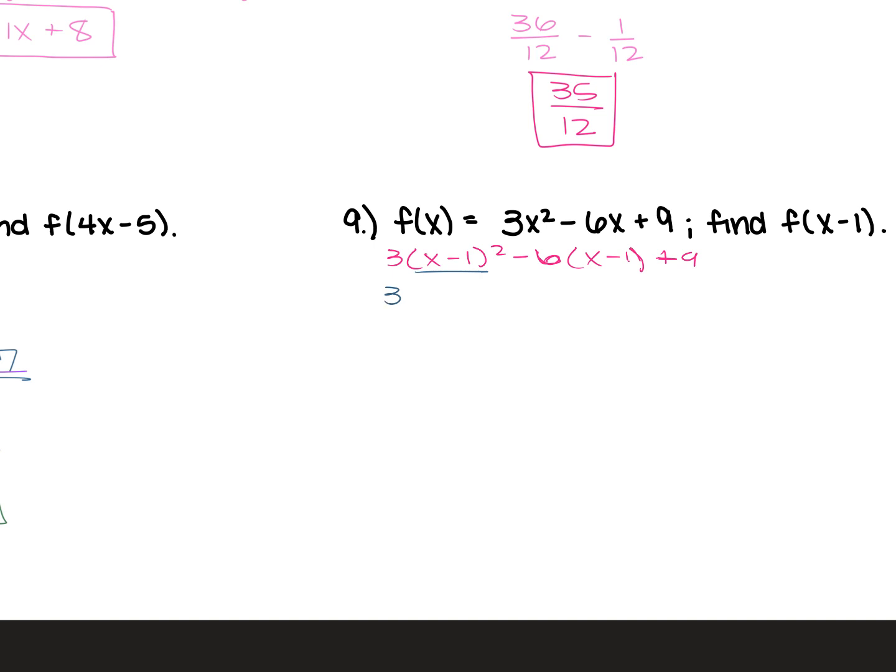So that's going to give us 3 times (x minus 1)(x minus 1), minus 6 times (x minus 1) plus 9. So we're going to FOIL out the (x minus 1)s, times x squared minus 2x plus 1, minus 6 times (x minus 1) plus 9.